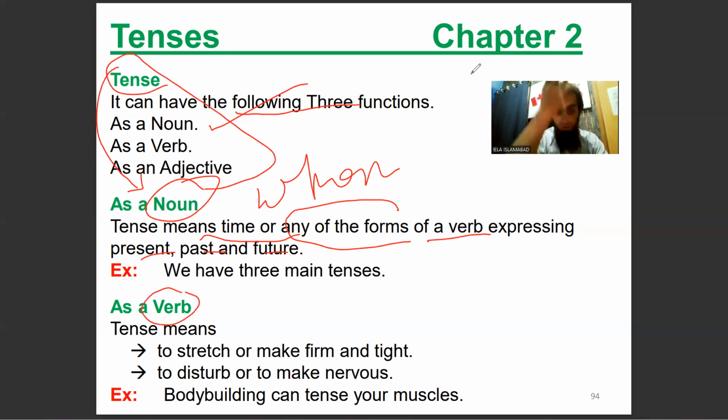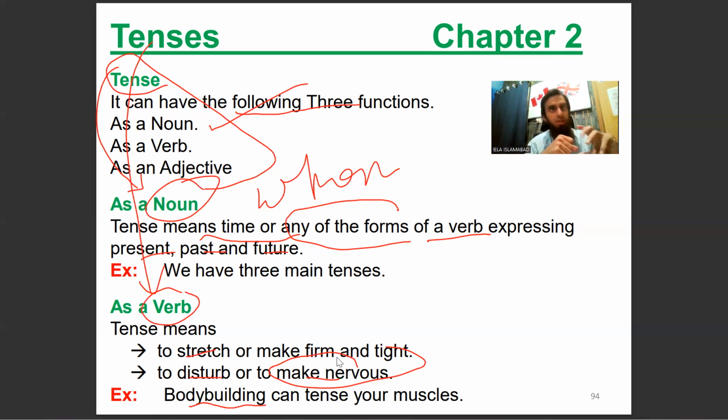Next, we have a verb. If tense is used as a verb, it means to stretch, to make firm and tight, or to disturb, or to make nervous. These are other meanings. Bodybuilding can tense your muscle.